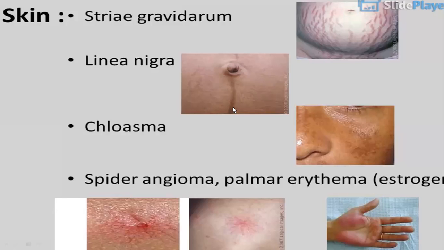This is the midline extending from the xiphisternum to the symphysis pubis, called linea nigra. This is the pigmentation around the eye, cheek, nose, and forehead, which is called chloasma. And this is spider angioma, and this is palmar erythema, under the influence of hormones like estrogen. Look at the spider angioma.